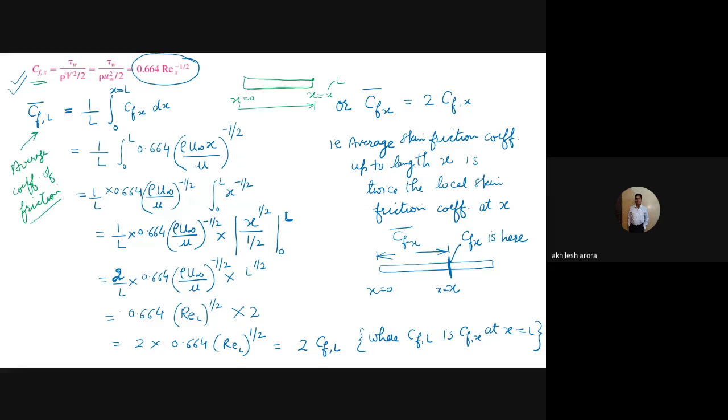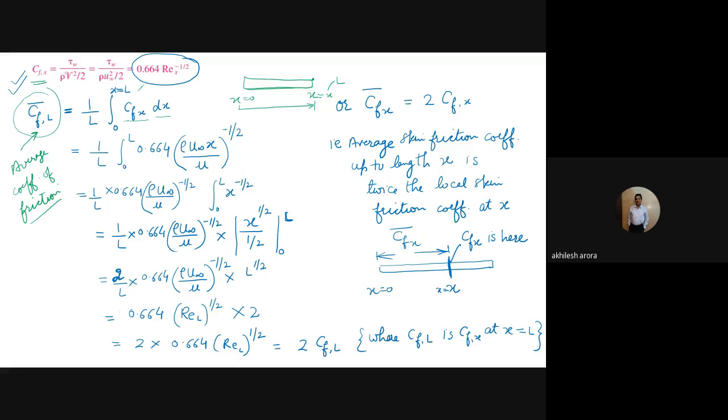That value will be given by taking the local value multiplied by dx, integrating from 0 to L, and dividing by L. So I will be able to get the average friction coefficient for the whole plate.